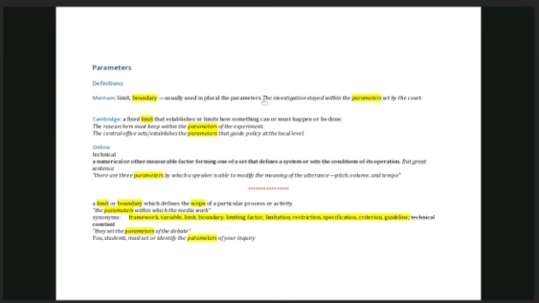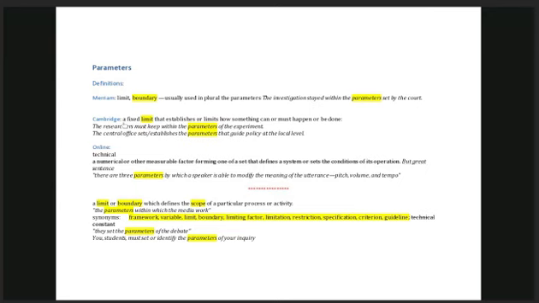And just look here at the use of it in a sentence. The investigation, or in your case, the inquiry, stayed within the parameters set by the court. Whoops, that's not your inquiry. This is what happens in the law court. But law courts are another way of inquiring, and you do have to set parameters to keep the focus. Cambridge tells us that it's a fixed limit.